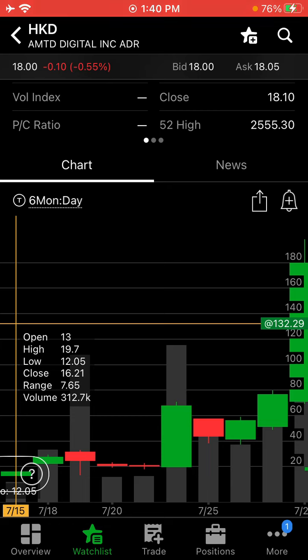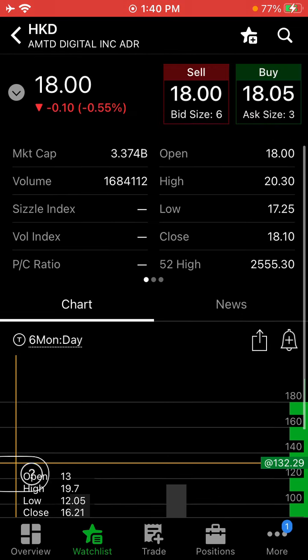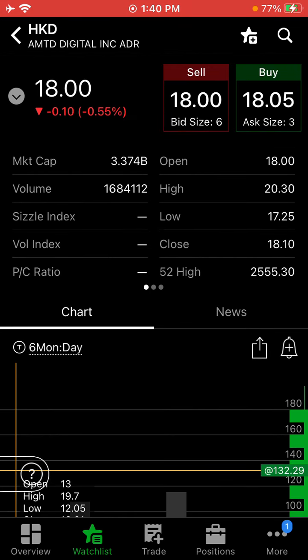And so when it's an IPO stock at first, sometimes it won't even show you the market cap. But in this case, it's showing you the market cap.